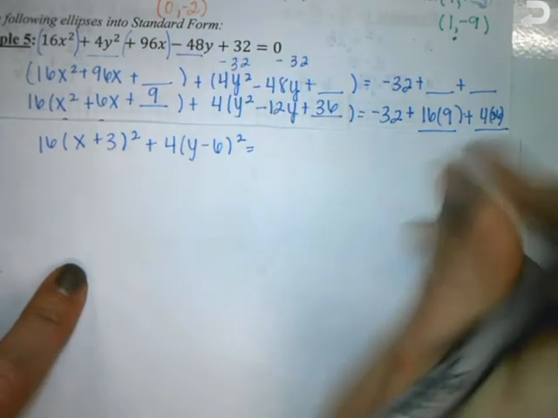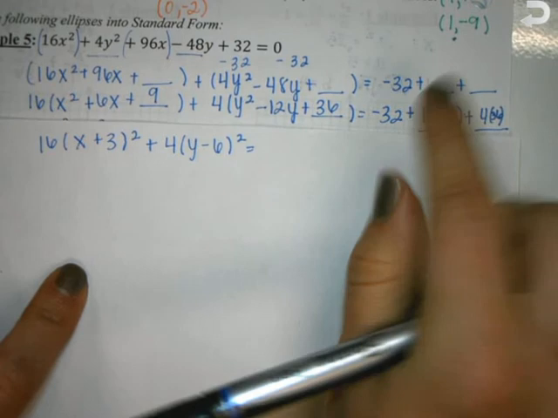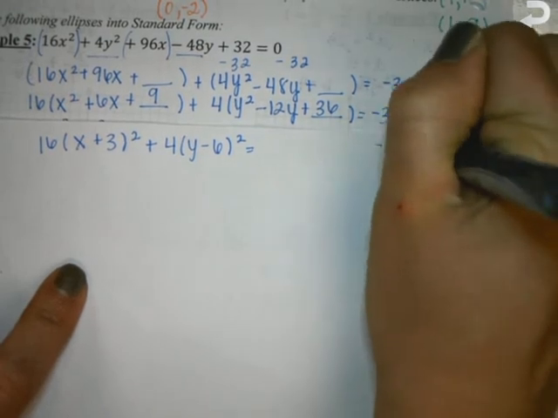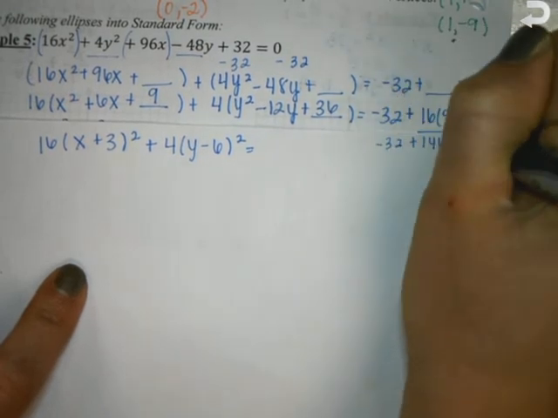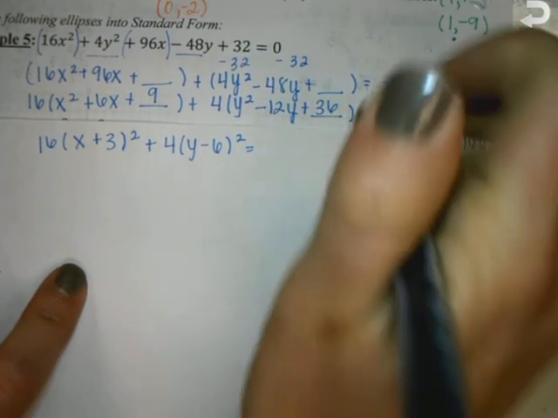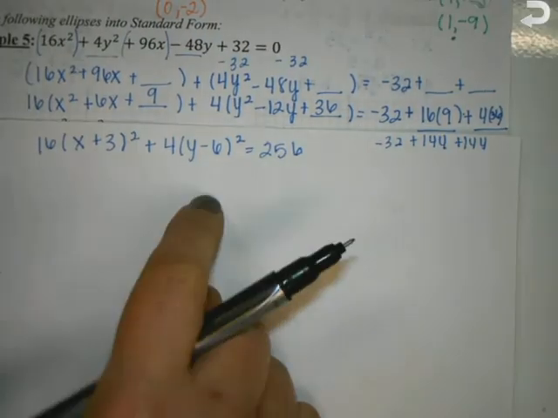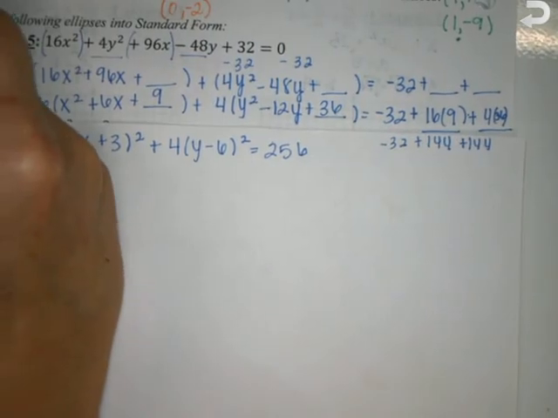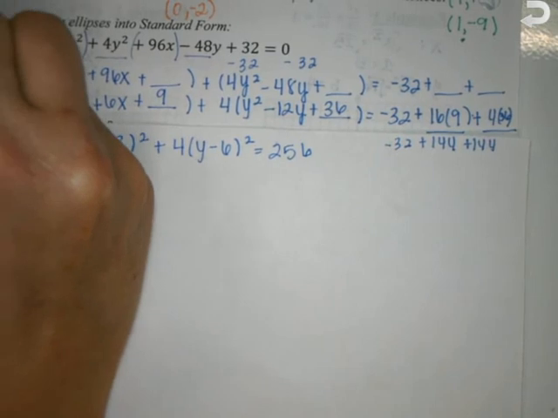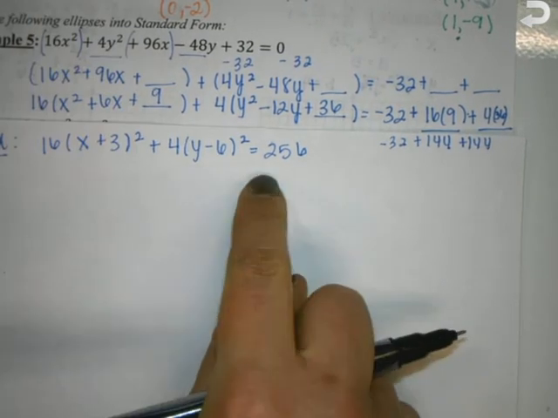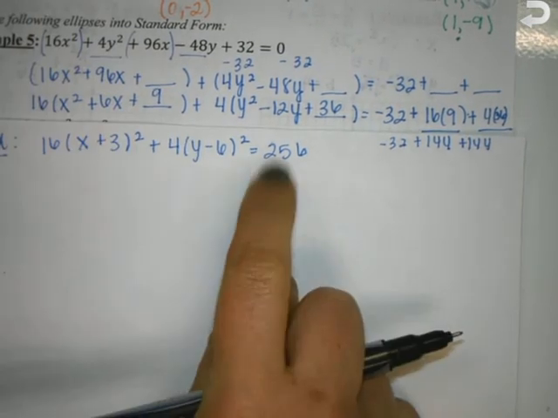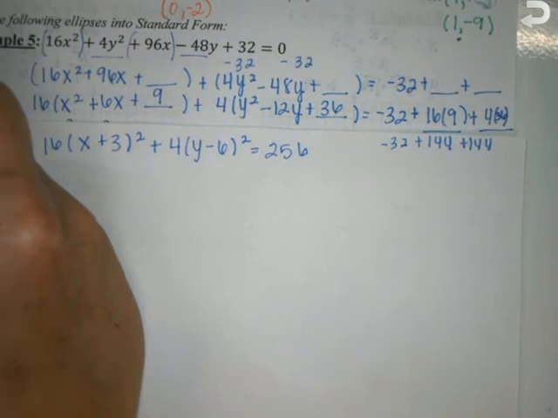Okay, this is considered standard form. Okay, if we want to move on to descriptive form, because that's what's easier for us to work with, we divide everything by 256.